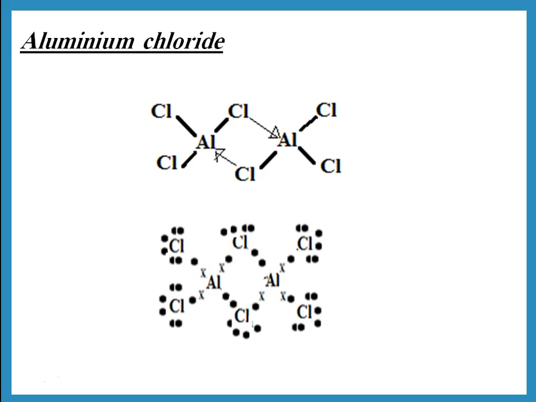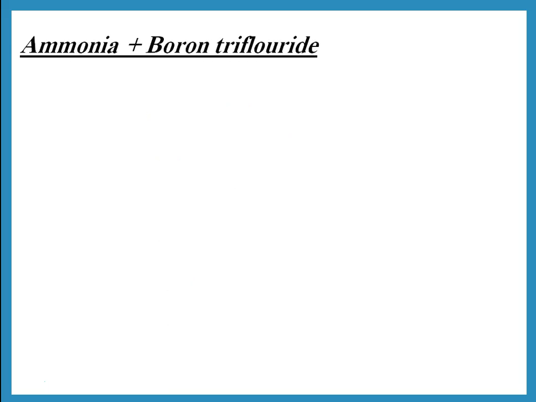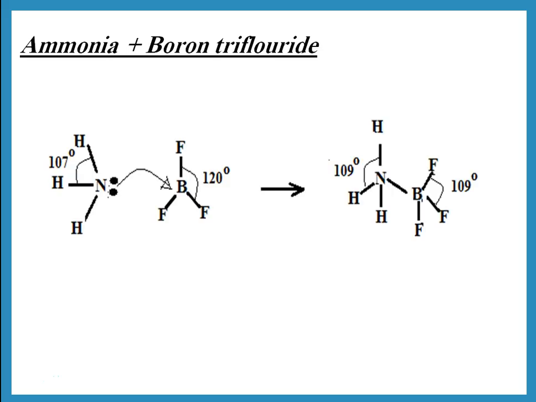So they join together because each chlorine on one of the molecules has extra electrons that it can use to make a bond with the aluminium of the other molecule. So chlorine of one molecule using its electrons to make a bond with one of the aluminium on the other molecule. So this is called a dative bond, and this forms Al2Cl6.